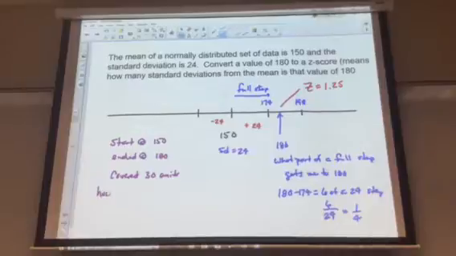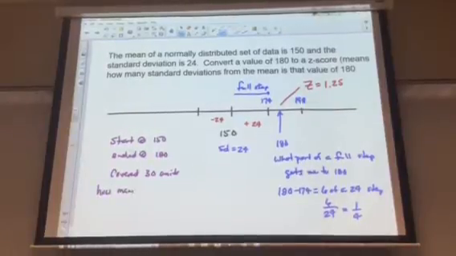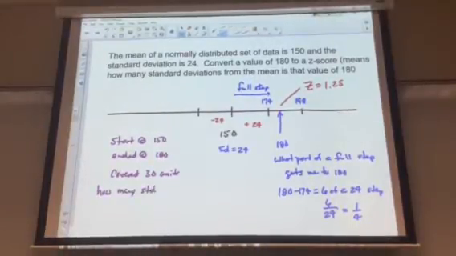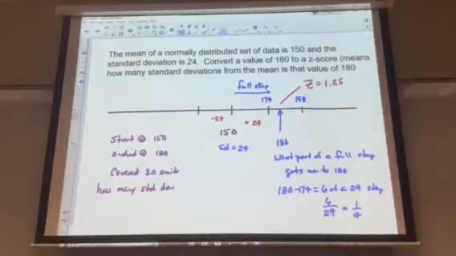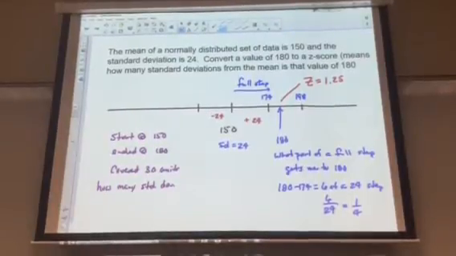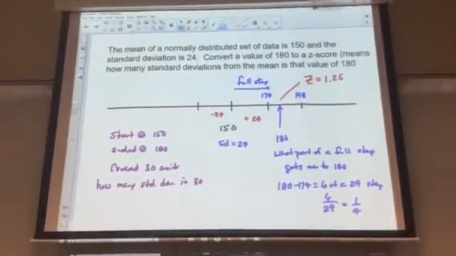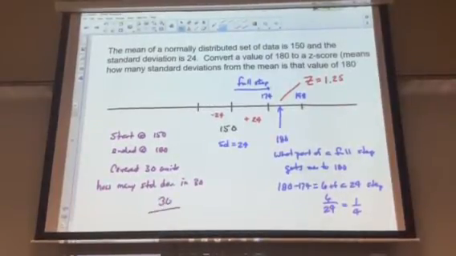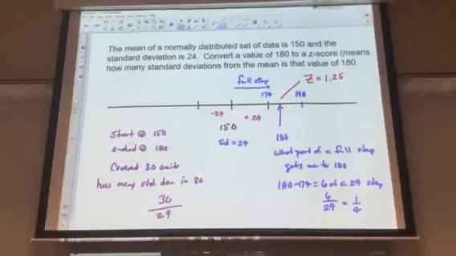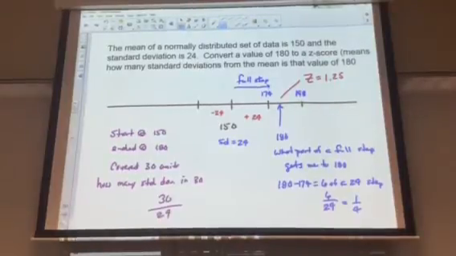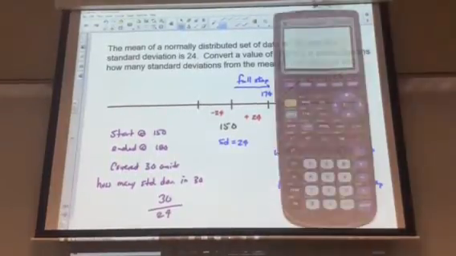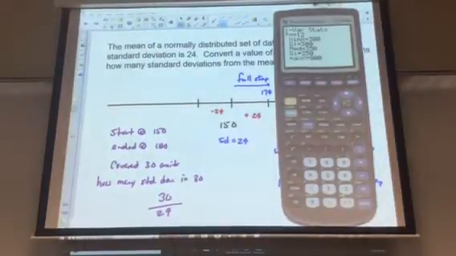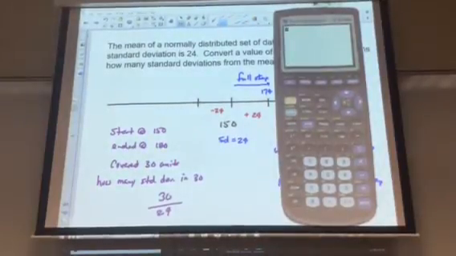And then how many standard deviations, standard size steps, are in 30 units? So you're taking 30 and you're dividing it by the 24. Because a standard size step is 24 units, and that again is something that the calculator can give us without a great deal of difficulty.